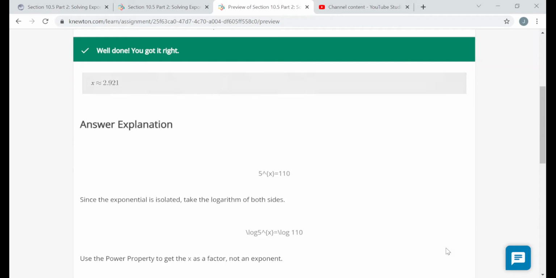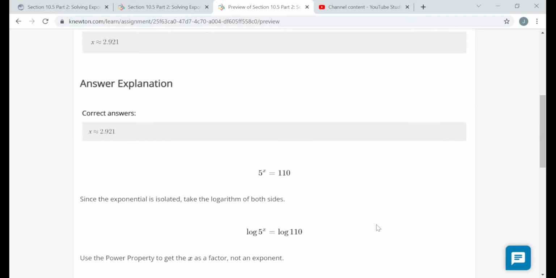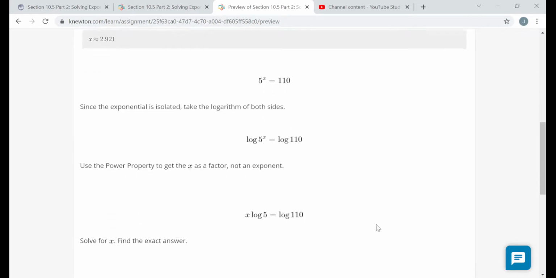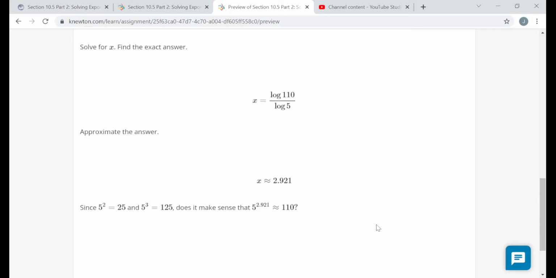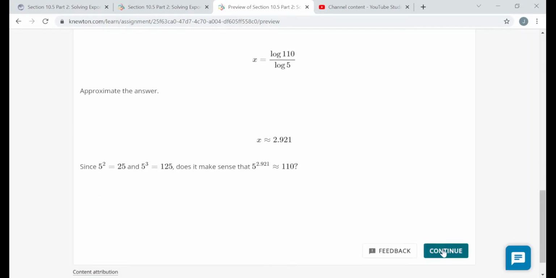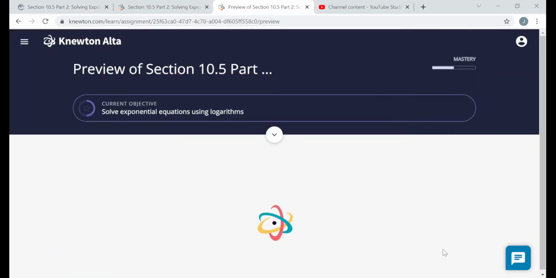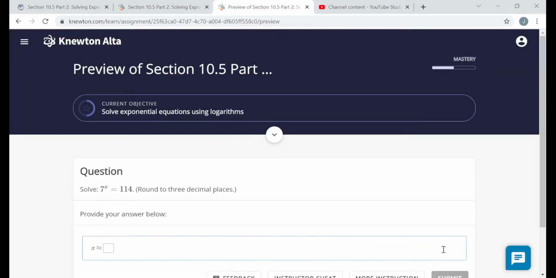Great. And once again, they're doing it a little differently than I am, but you might want to check that out, though I personally like going from exponential form to logarithmic form. Okay, next question. And I believe they're all like this. Yeah, absolutely. So I'm just going to put this on the same page.